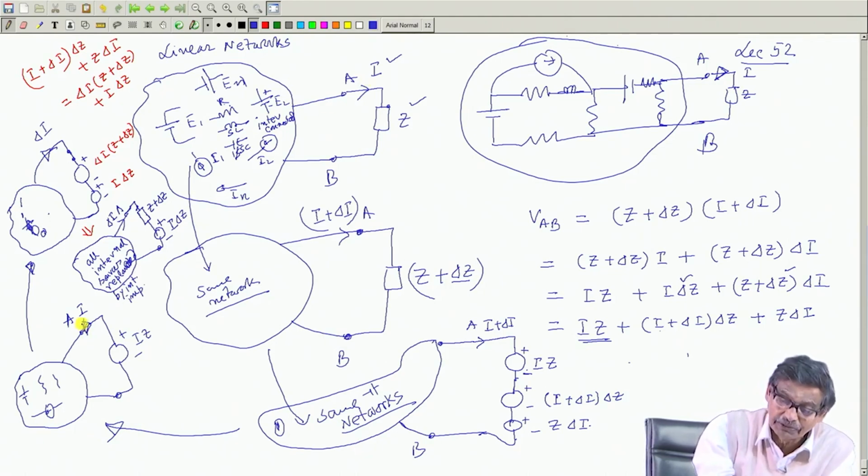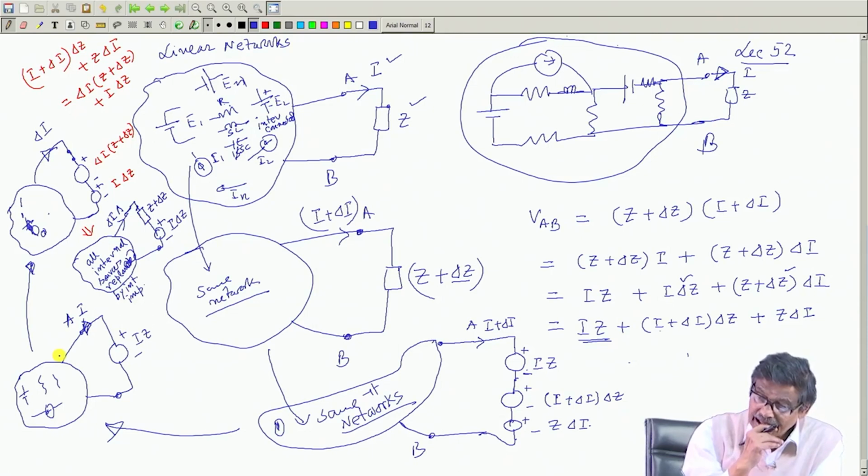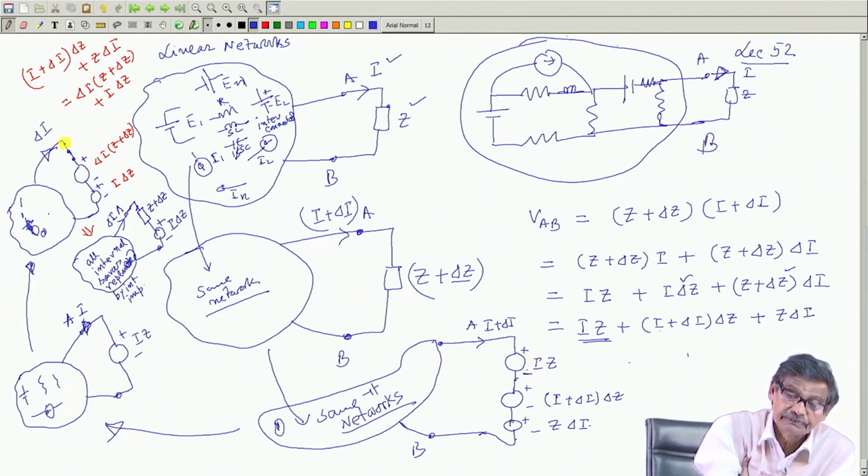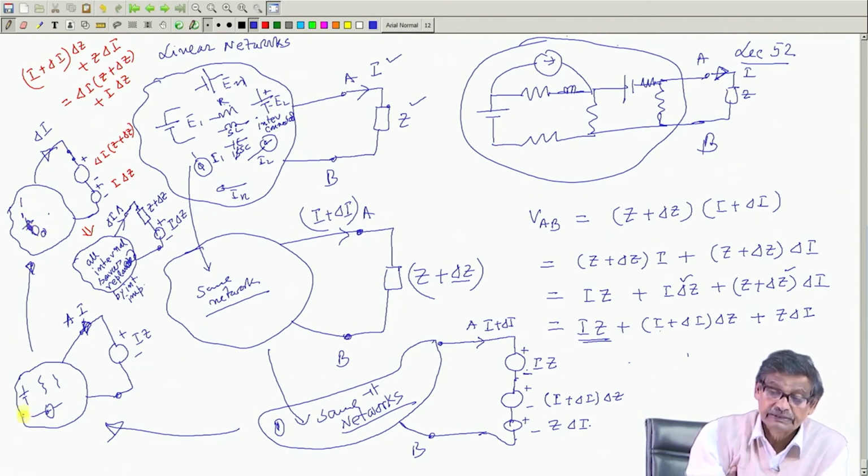From this I know it must be I, it was the known current I. Then I will say the current in this network will be when this is replaced by a short circuit. All these sources are replaced by their internal impedances.